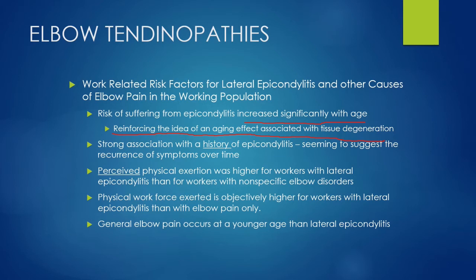And as we talked about in our last discussion, shoulder tendinopathy, again, is also associated with increasing age. Also, they found a strong association with a history of epicondylitis, seeming to suggest that these symptoms can recur over and over and over again. And as I said in the beginning of this program, on a personal basis, my own history involves cycling in and out of lateral epicondylitis due to a combination of physical activities as a chiropractor and also due to recreational weightlifting, seems to cause these symptoms to basically be right on the edge of occurring at any given point in time.